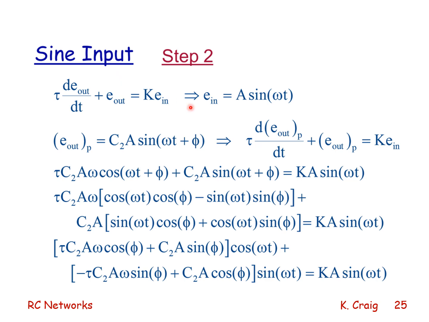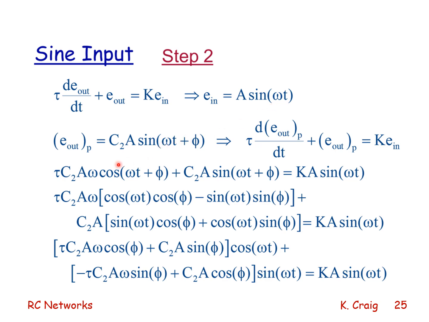If I assume that the input to the system is A sine omega t, where omega is the frequency in radians per second, since this is a linear mathematical model for a linear physical model, when I input a sine wave into a linear system, I get a sine wave out, same frequency, an amplitude that varies with frequency, and a phase angle that varies with frequency. And this is all in the steady state after the transient response has died away.